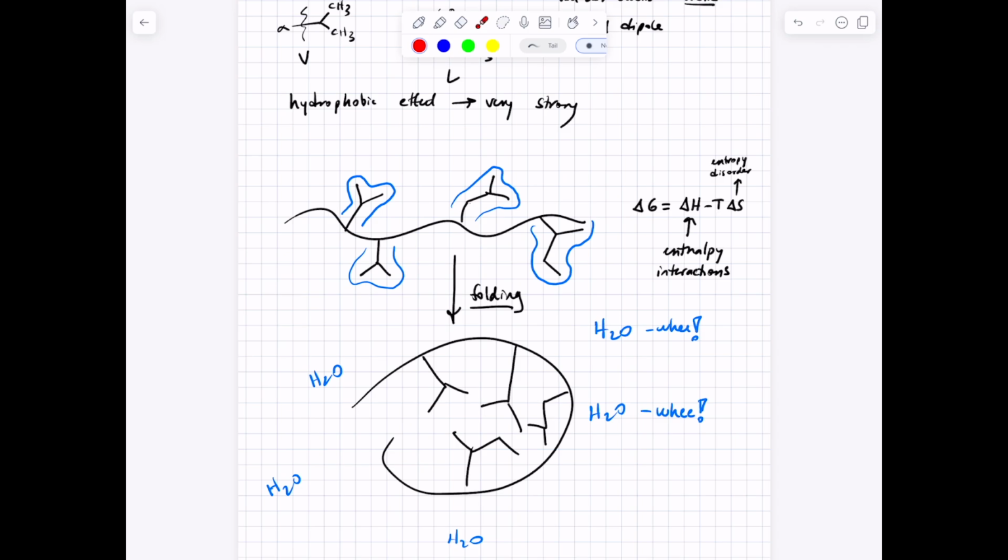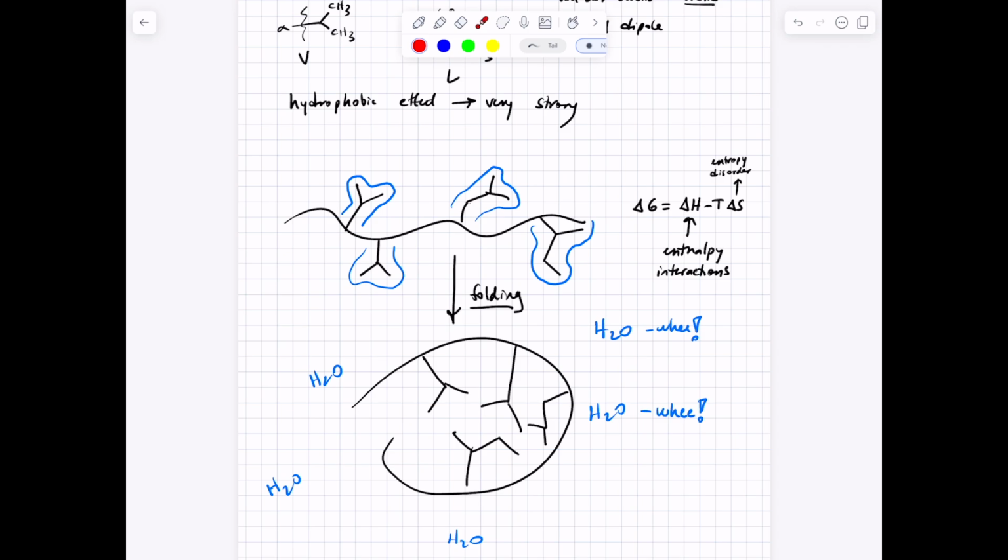And this is how folding impacts water. When the protein is unfolded, nonpolar side chains are exposed to the water, and water is highly ordered in the immediate vicinity of those side chains. When collapse happens, you do increase the order of the protein, but there's a compensatory and even totally erasing of that increase in order by the fact that all of the water molecules are now free. And that pays for the protein folding.